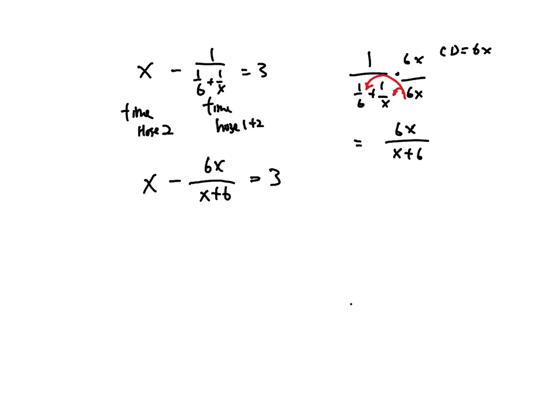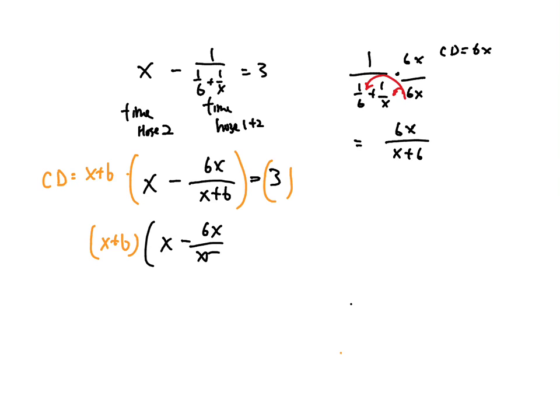I am going to the common denominator in this case, which is x plus 6. So I'm going to multiply that on both sides. Okay. So we have x plus 6 times x minus 6x over x plus 6 equal 3 times x plus 6.